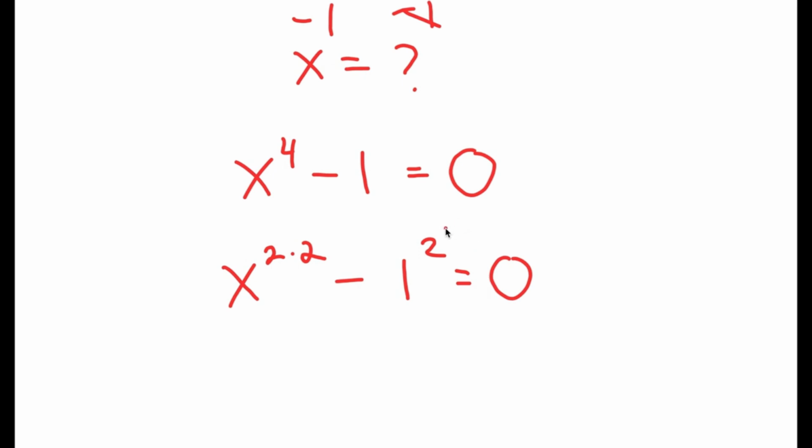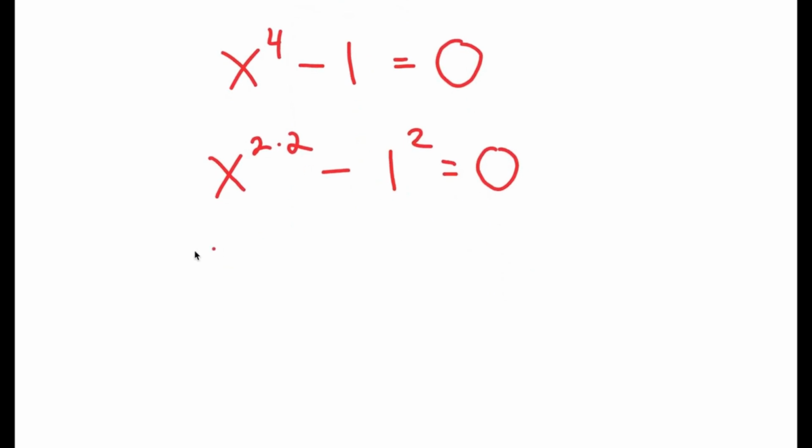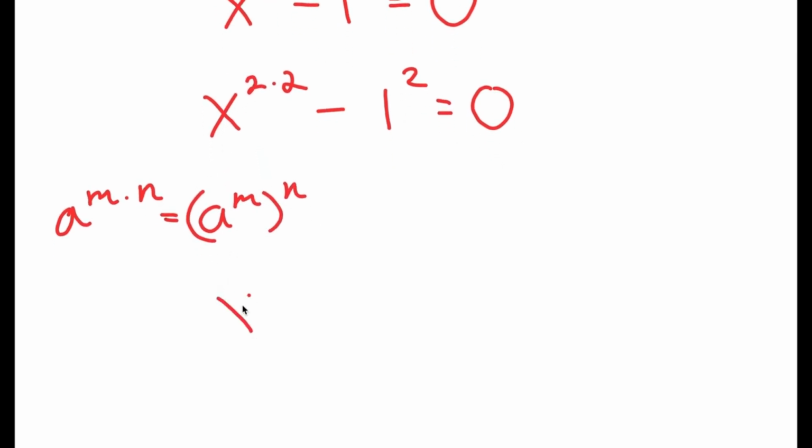And the reason I did this is because now I can use the property a to the power of m times n is equal to (a to the power of m) to the power of n. So in this case, x to the power of 2 times 2 is equal to (x to the power of 2) to the power of 2. So if (x to the power of 2) to the power of 2 minus 1 to the power of 2 is equal to 0.